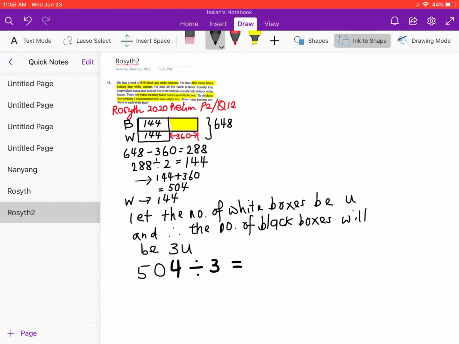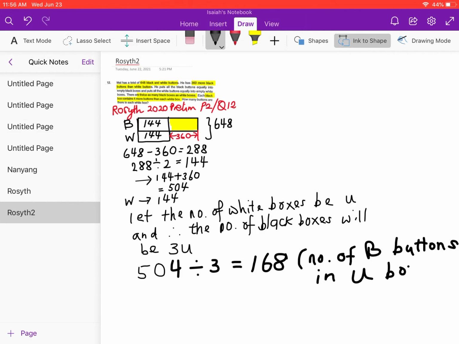You punch a calculator, and this number works out to be 168. So this is the number of black buttons in U boxes.